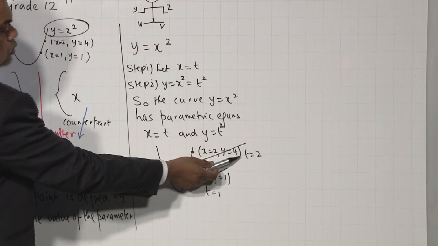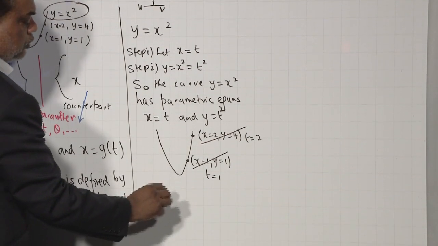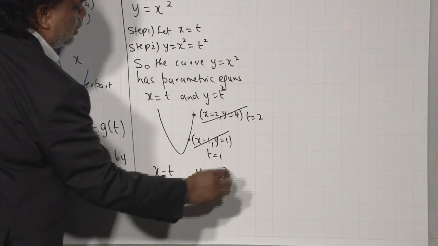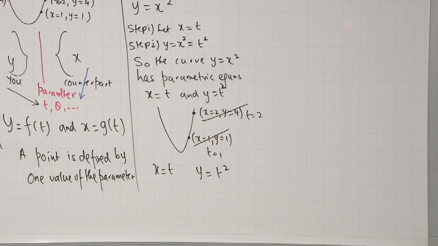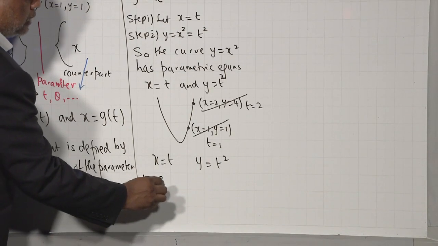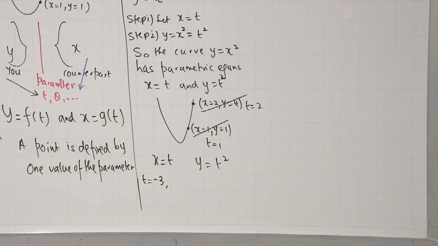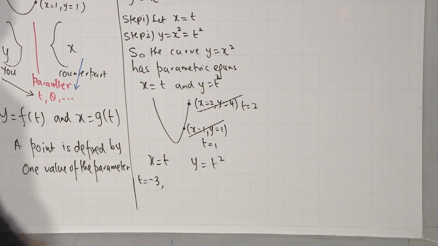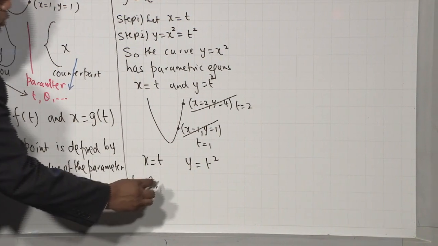When I tell you t is equal to 2, and you know the equation, you can easily calculate the coordinates. Let's say I tell you at a point t is equal to minus 3. What are the coordinates? If t is equal to minus 3, then the coordinates will be what?